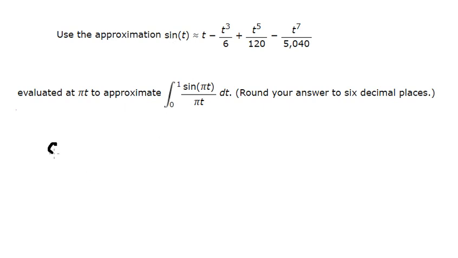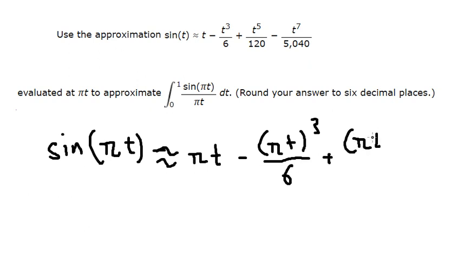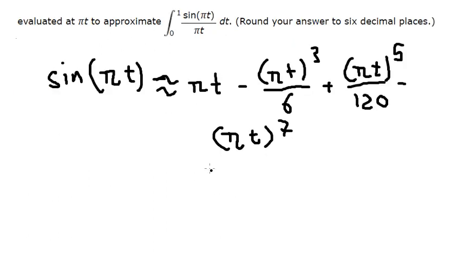So this one we can put as sine bt, so we will have bt, and this one we have bt to the power of 3 over 6, plus bt to the power of 5 over 120, and the last one is bt to the power of 7 over 5040.